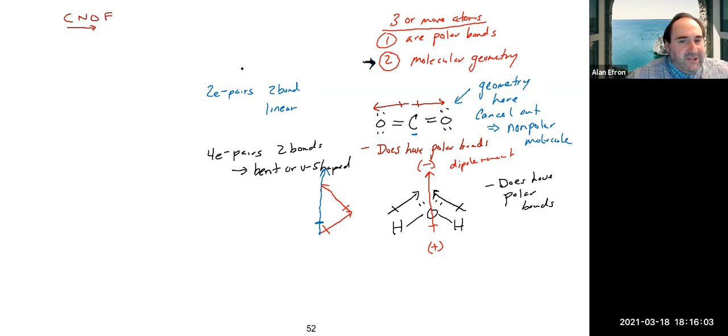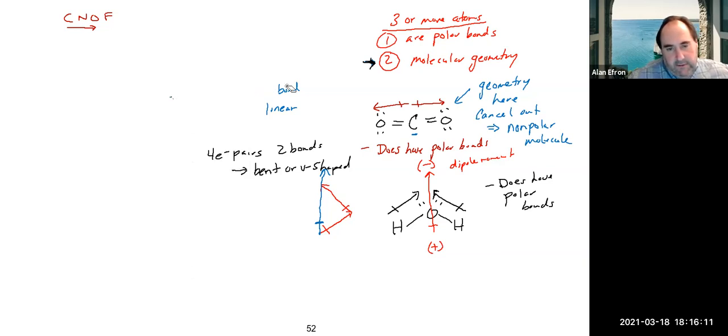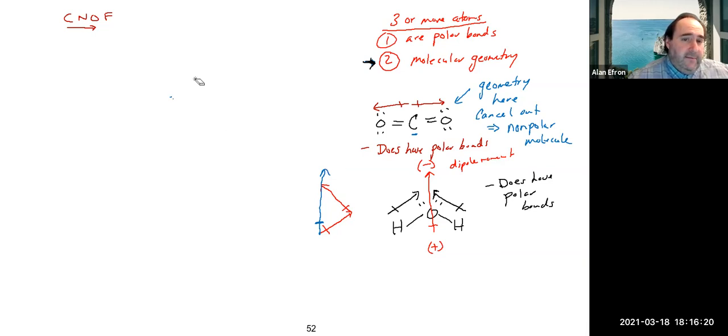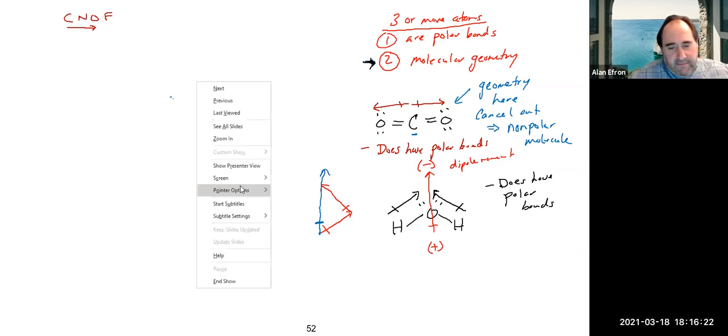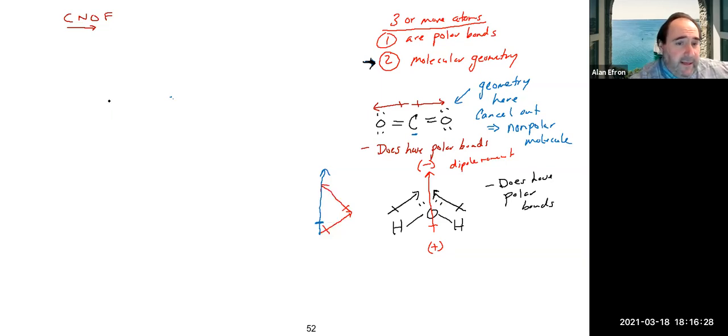Well, when we look at certain geometries, I'm going to erase this so I've got some extra room here. When we look at molecular geometries, there are certain geometries which are referred to as symmetrical, and there are some which are sometimes referred to as unsymmetrical geometries.